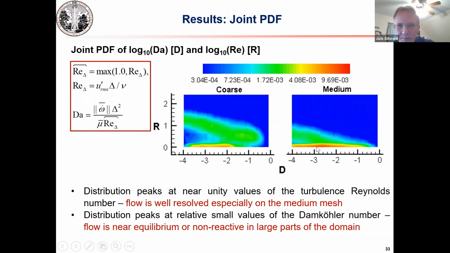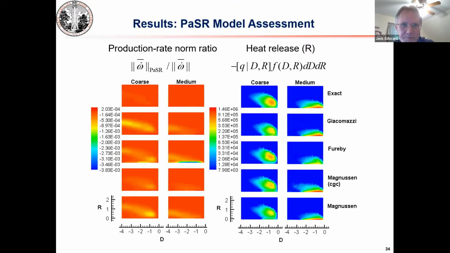And you also see that the most probable Damköhler numbers, according to this definition, are relatively small. So the flow is essentially near equilibrium or non-reactive in large parts of the domain. So the finite rate chemistry effects are really the higher Damköhler number values, which are captured, but they're not the most probable values. So we can use this distribution to kind of assess some of these other reactive scalar measures.